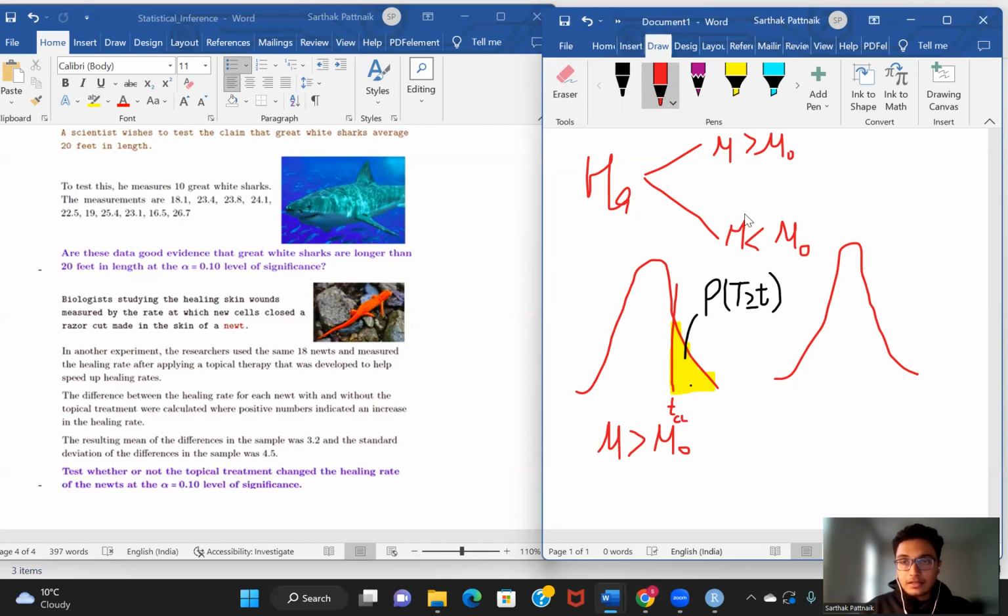Here, for mu less than mu naught, I am interested in calculating this area, the area towards the left, exactly opposite to mu greater than mu naught.